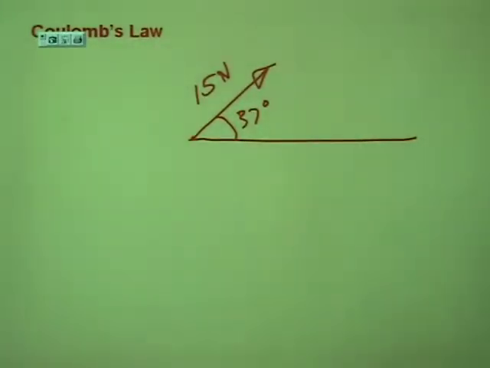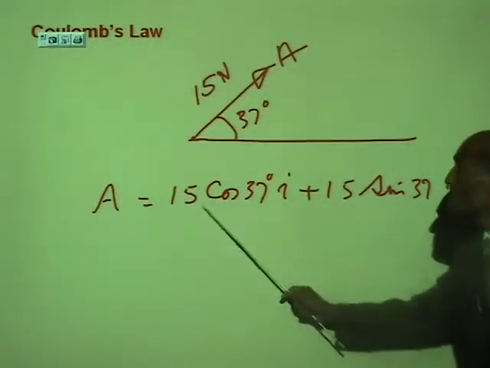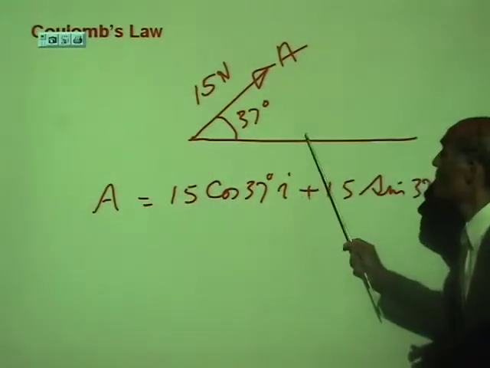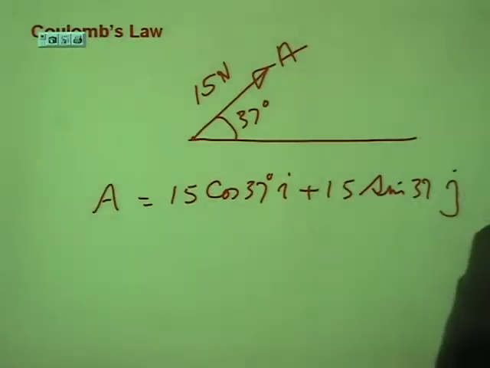We will write this vector as, suppose this vector is A, I will write it as A equal to 15 cos 37 degrees i plus 15 sine 37 degrees j. This is the x component, the component horizontally, and this is the y component.